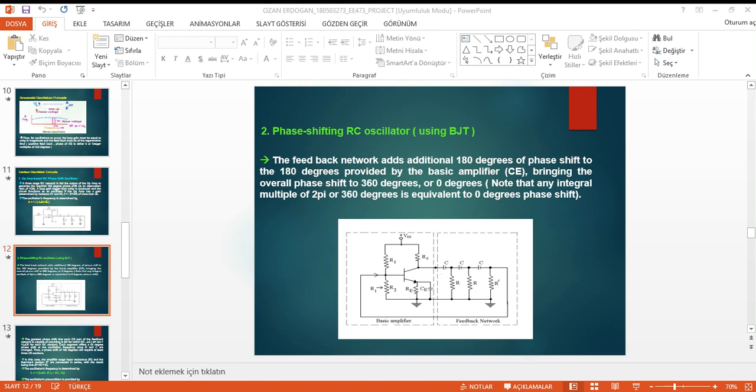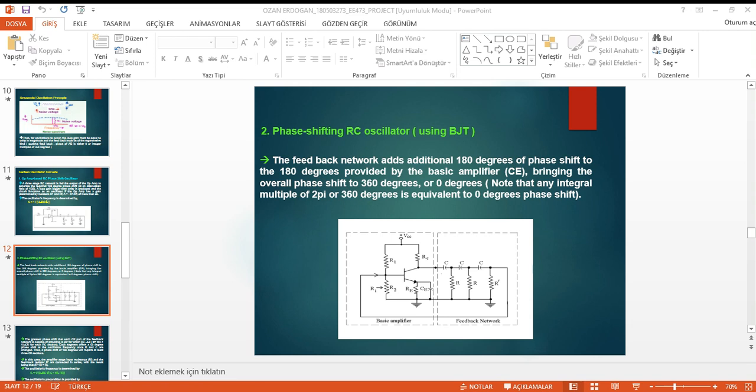The DC operating point in the active region of the transistor is established by the resistors R1, R2, RC and RA and the supply voltage VCC. The capacitor CA is a bypass capacitor.